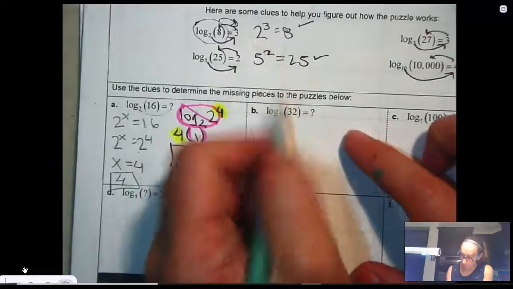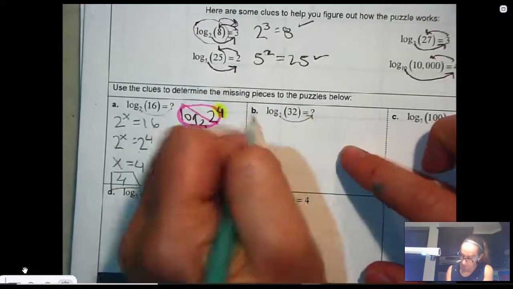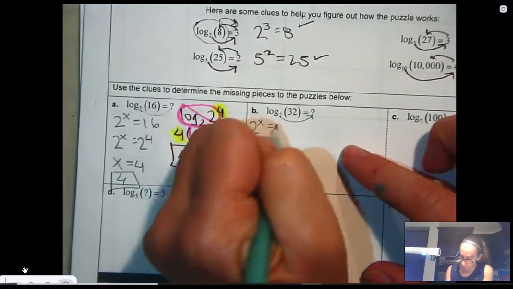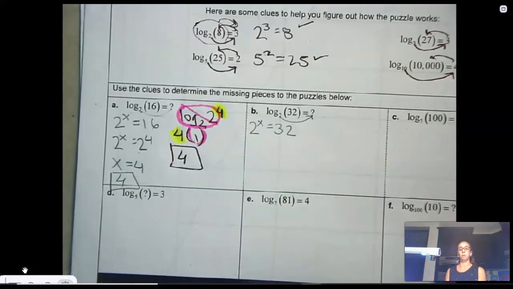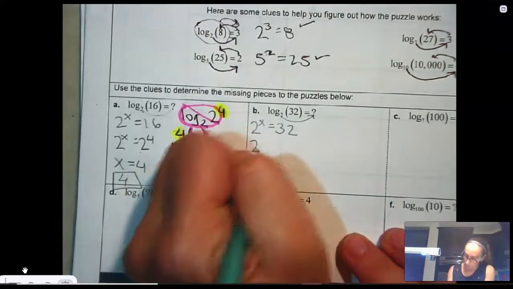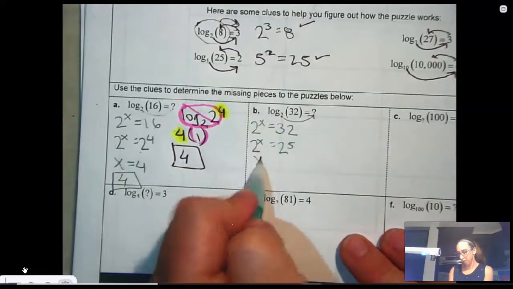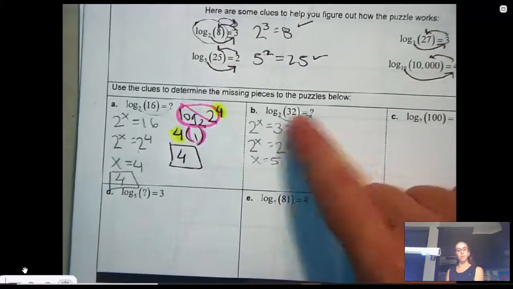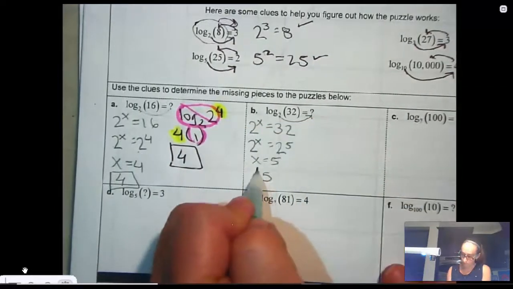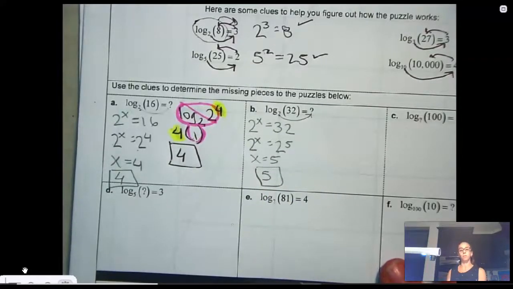If I was doing this and I go, what the heck is the answer? I would go 2 to the x equals 32. And I would go, okay, well, I know the bases need to be the same. The bases are the same, x equals 5, but there isn't an x in the problem. The answer is just 5.